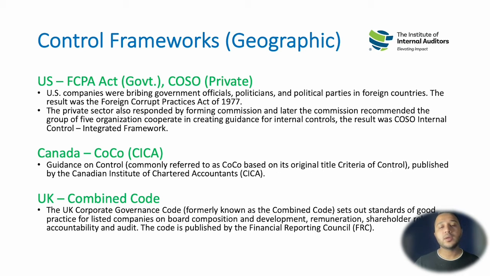In the UK, we have the Combined Code, and if I'm not wrong, it has now changed to the Corporate Governance Code of the UK. Maybe I'm wrong, but I do not have the latest update.